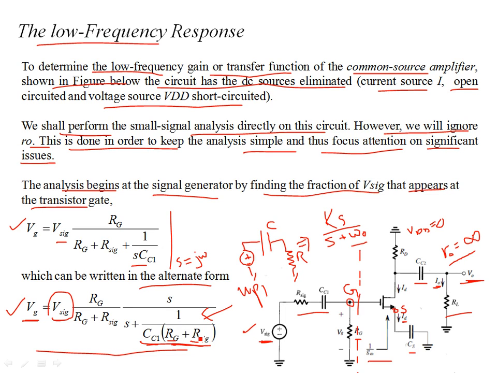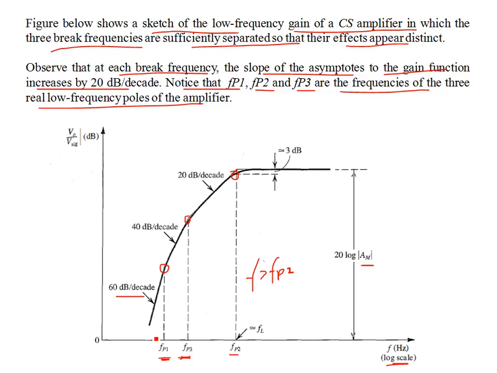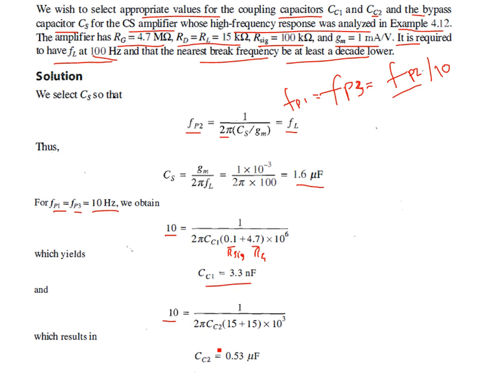RG is 4.7 mega ohms and R signal is 100 kilo ohms. You multiply this sum by CC1 and 2 pi to find FP1, which is 10 hertz. That gives you CC1, the coupling capacitor, as 3.3 nanofarads.